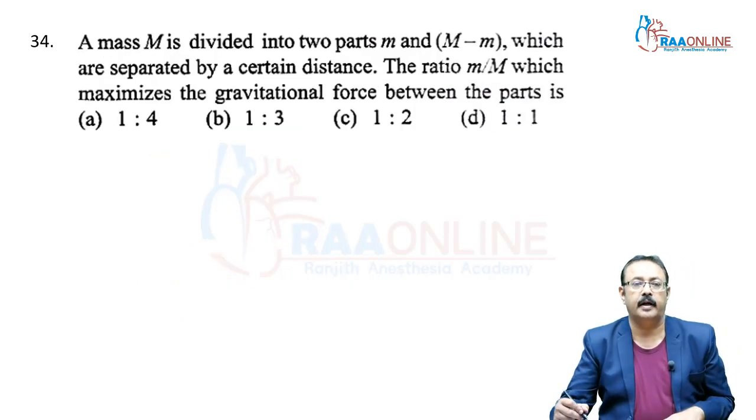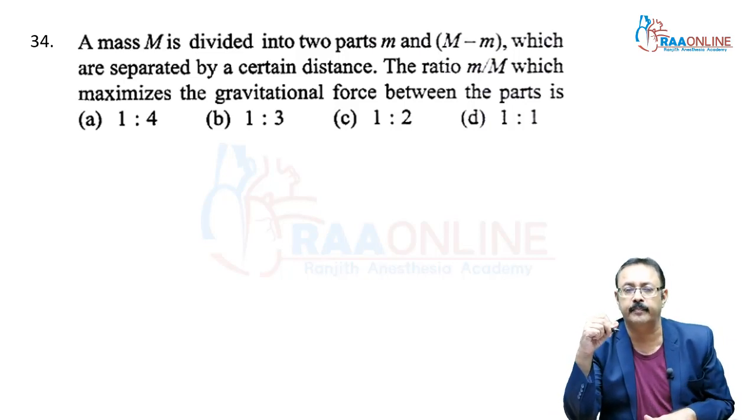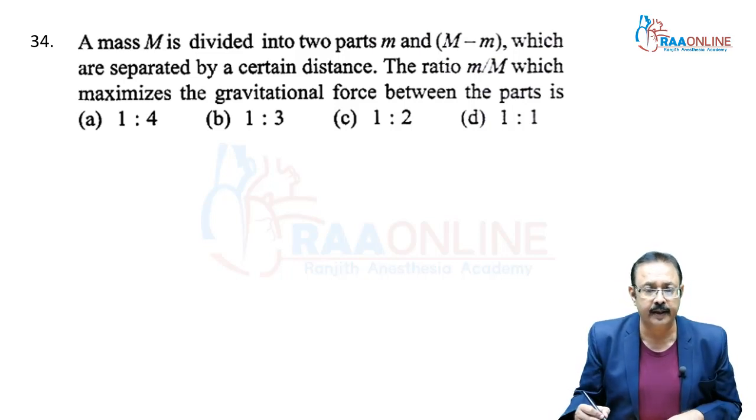Remaining were constant. A mass M is divided into two parts m and M minus m, which are separated by a distance d. The ratio of m upon M which maximizes the gravitational force between the parts is?